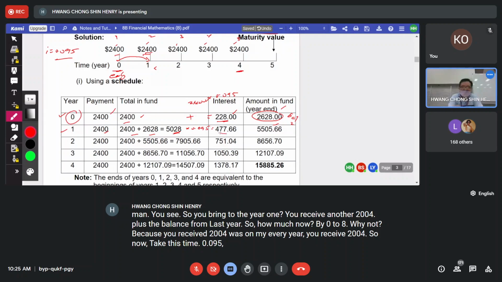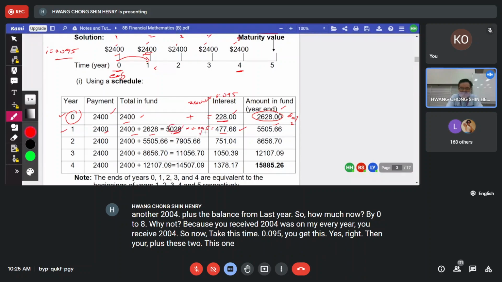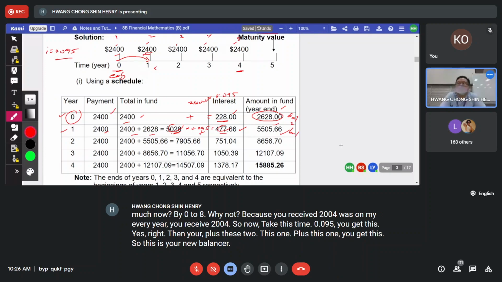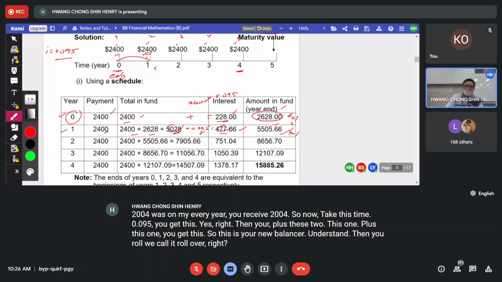You get this, right? Then you add these two, this one plus this one, you get this. So this is your new balance. Understand? Then you roll over, you learned accounting, you roll over to the second year.